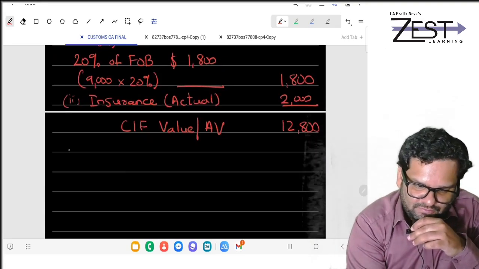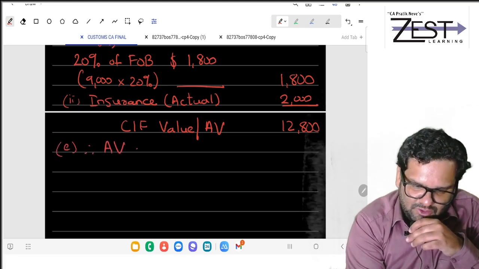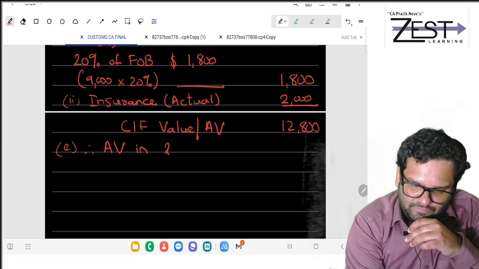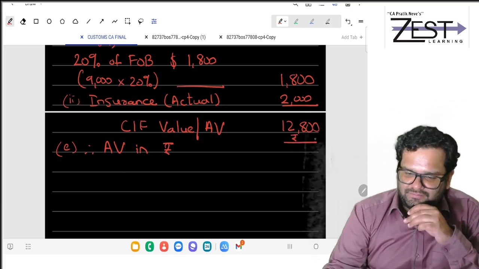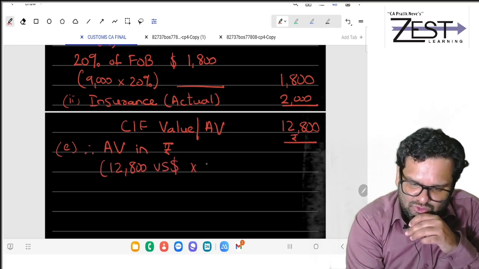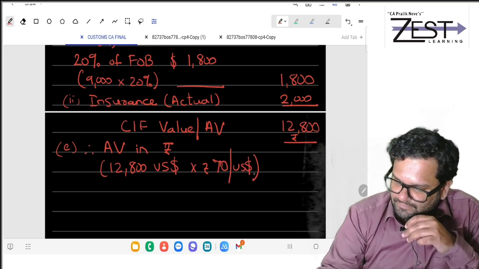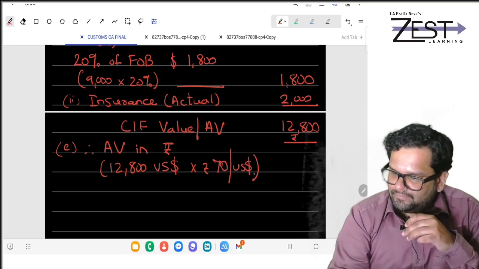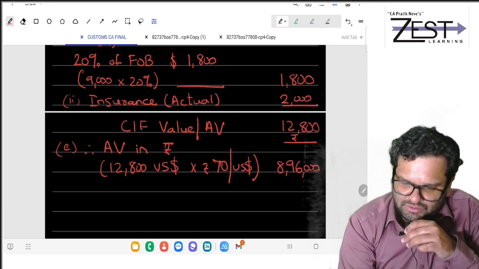E point, therefore, assessable value in rupees, please. So 12,800 US dollars into rupees at 70 per US dollar. Are you getting 8,96,000?